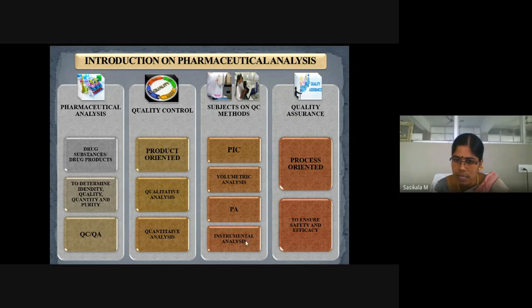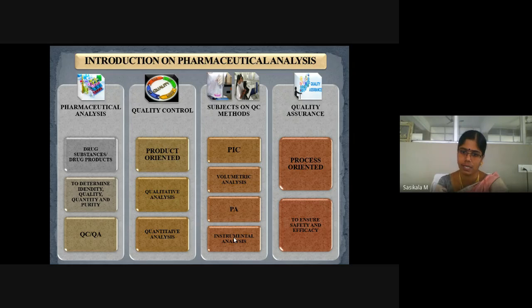So this is the category you are going to study under pharmaceutical analysis. There are various types of instruments, divided into spectroscopic and chromatographic instruments. By means of those instruments, you are going to carry out both qualitative and quantitative analysis for the drug substance.